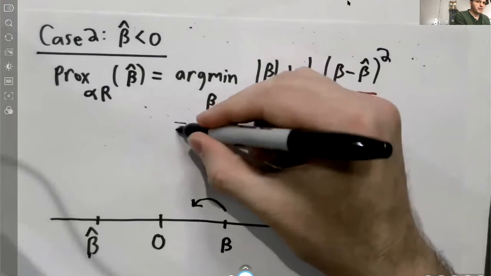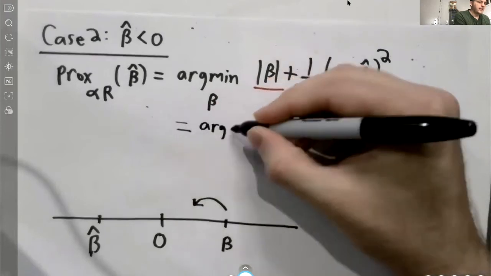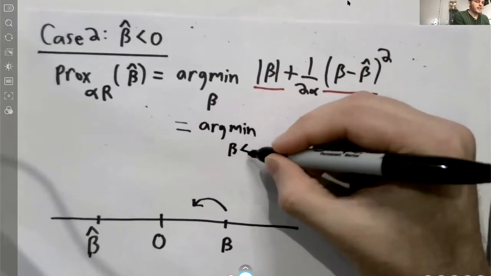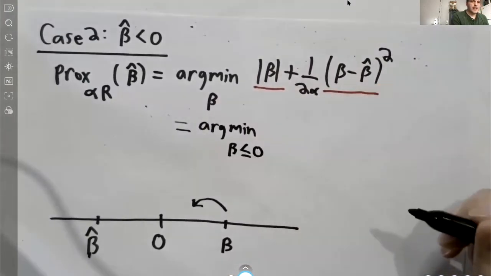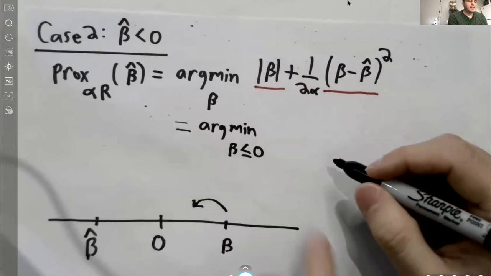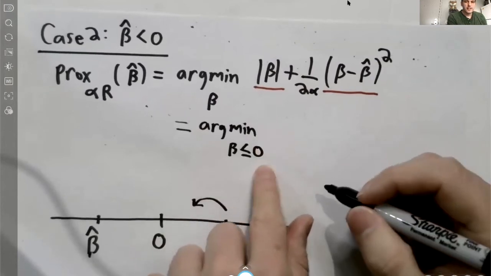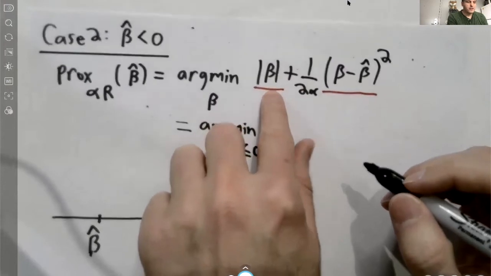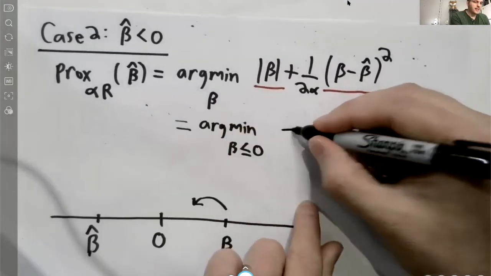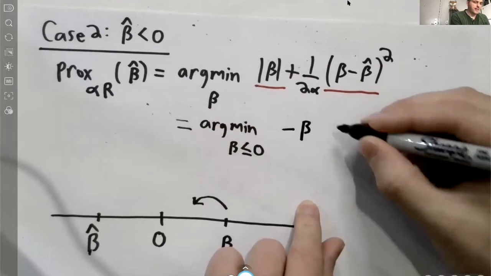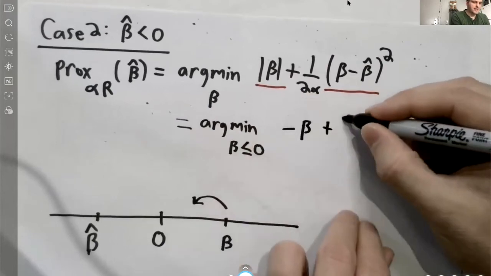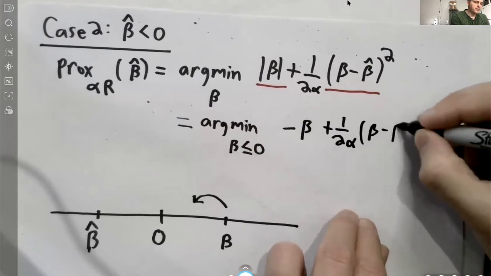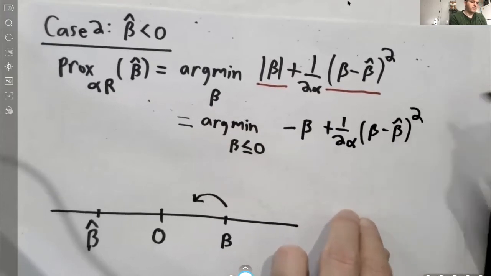So this is equal to the argmin, restricting our attention to negative values of beta. Because of that, the absolute value of beta can be replaced. That's just equal to minus beta. And then this term remains the same: 1 over 2 alpha times beta minus beta hat squared.